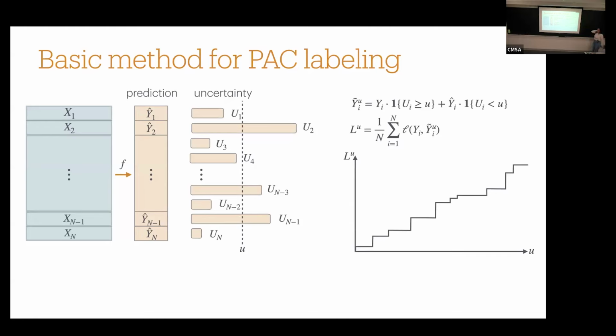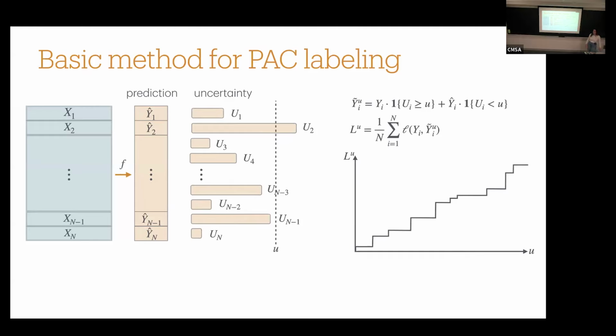So now really the only thing that remains is how do we actually pick this threshold u? You could think about the loss that's induced by picking a particular threshold u. Note that this is going to be a monotonic function because the higher my u is, the fewer expert labels I'm collecting.